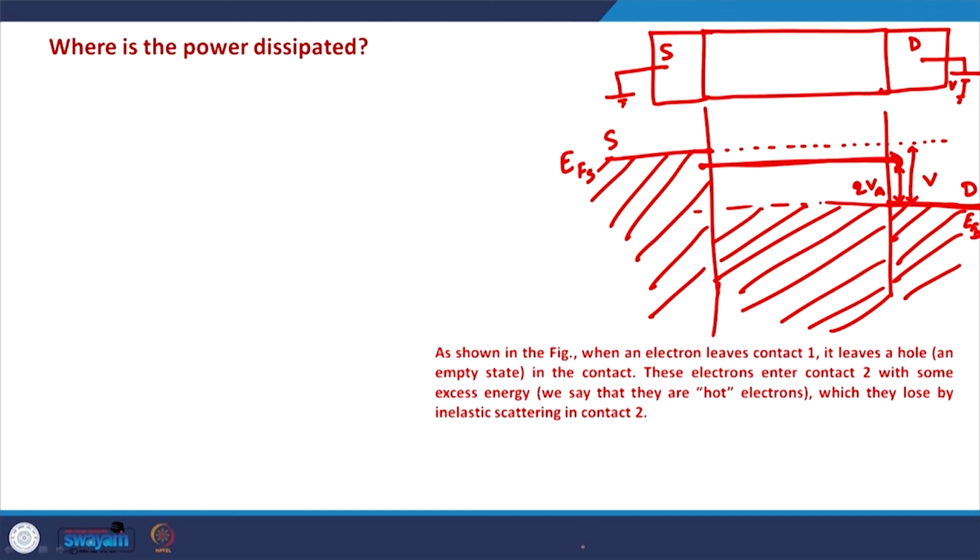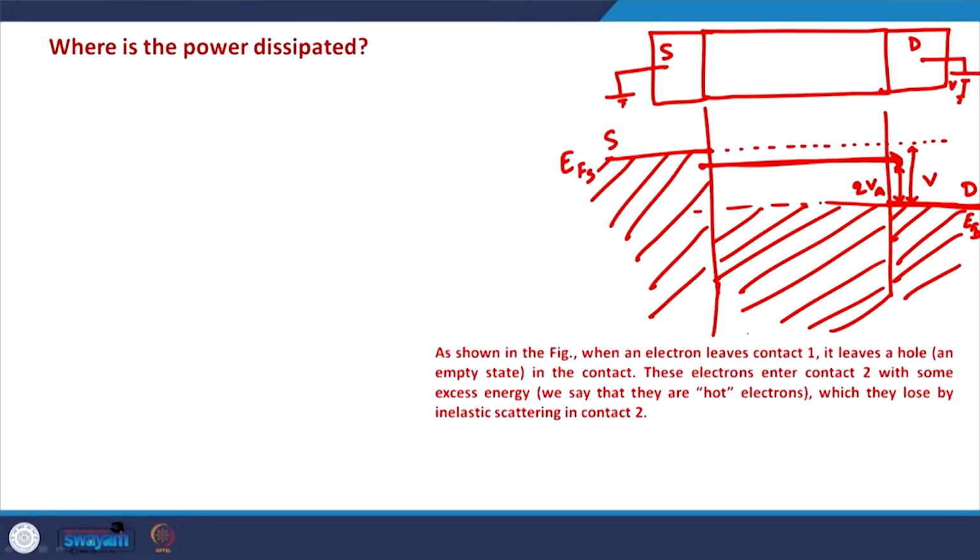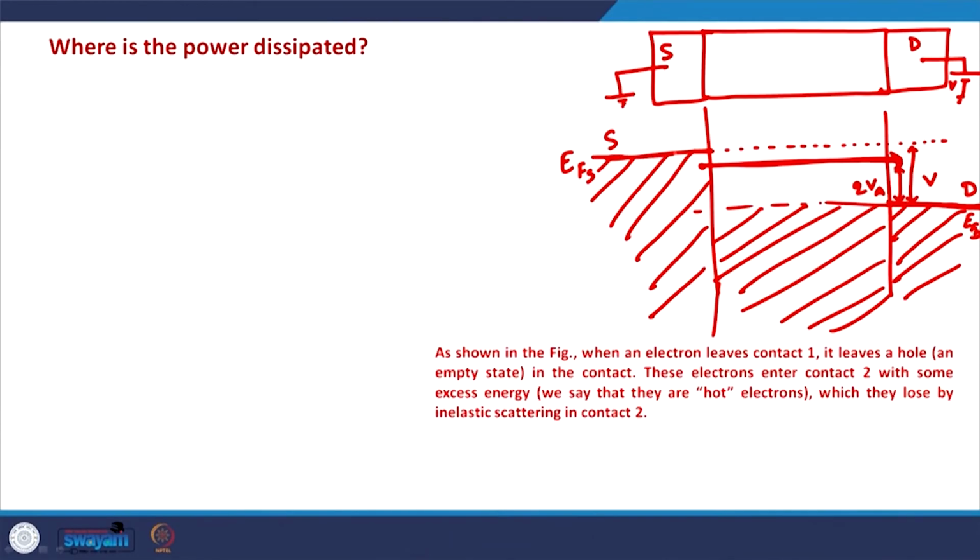Okay. And since a battery is connected across this device, between the source and the drain, the battery will supply the electron to the source side at the energy of the source Fermi level, at this energy. And because of this electron going to the drain side, there is a vacancy at this point, a vacant state in the source terminal, and the battery is continuously supplying electrons at this level.